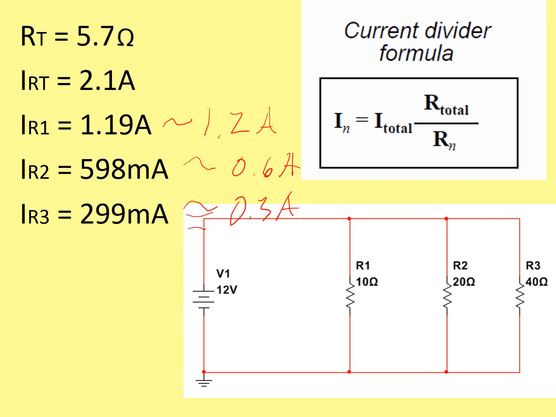I didn't use proper engineering notation like you guys should. For the purpose of this lesson, I just wanted to leave them all as a portion of an amp rather than breaking it down to milli.